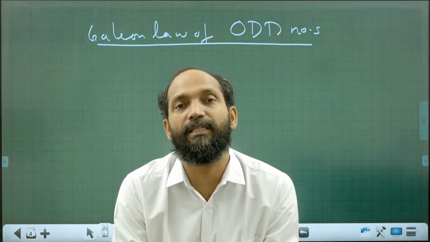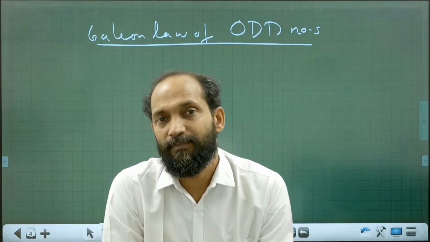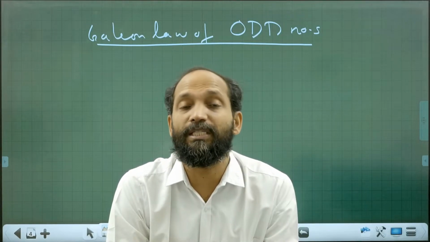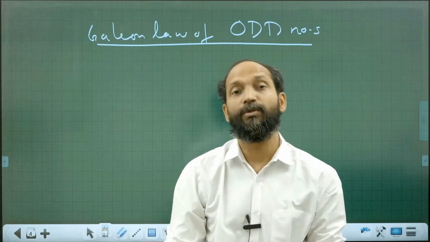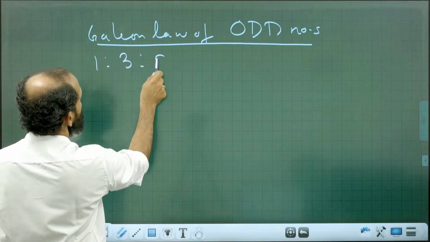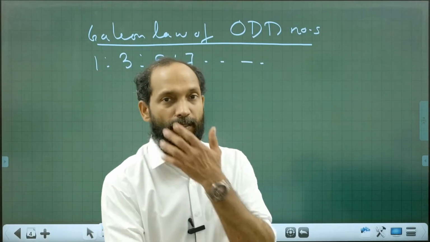Then the distances traveled in successive equal time intervals starting from rest follow the ratio 1:3:5:7:9. That is called the Galilean odd number ratio.